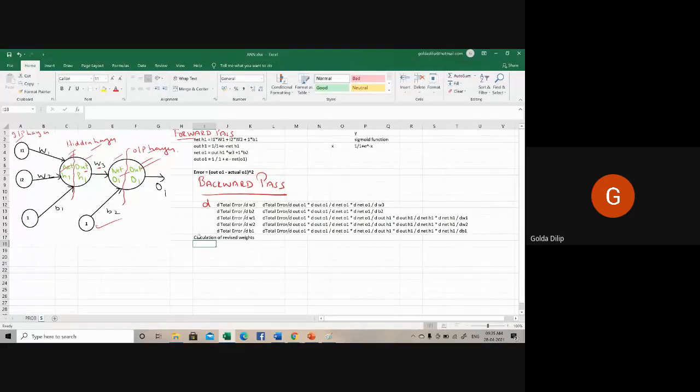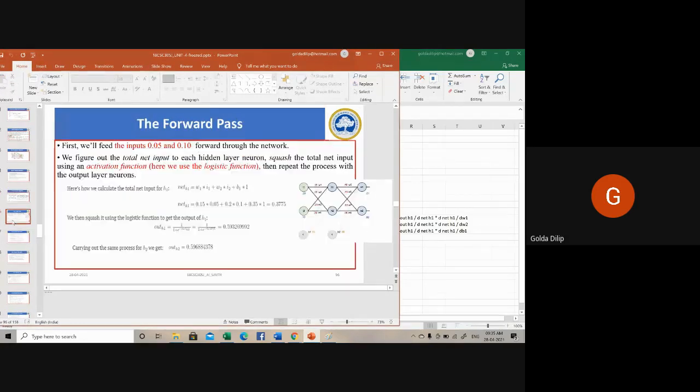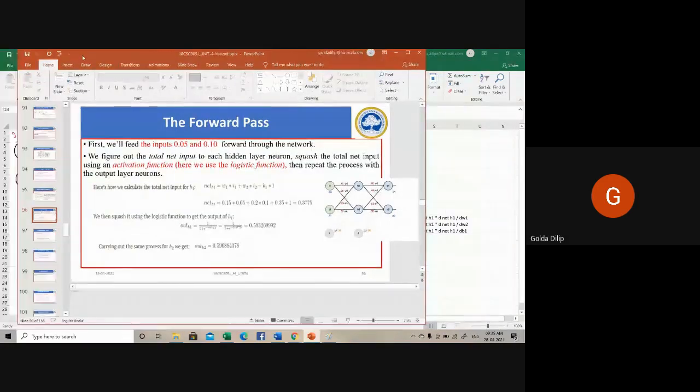For that, you take the old weight and subtract from it a quantity called the learning rate. The learning rate is given by the symbol eta. I think it is given somewhere in the slide. Let me show you that. Learning rate is eta.